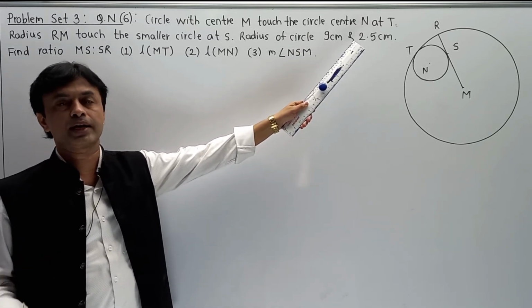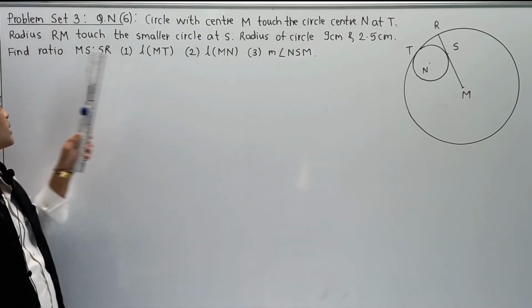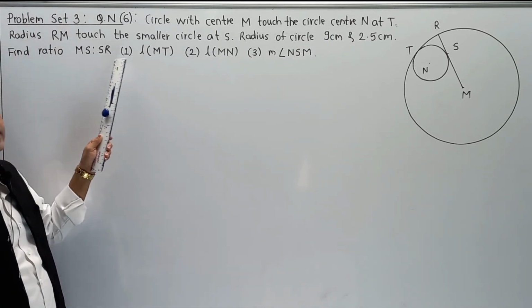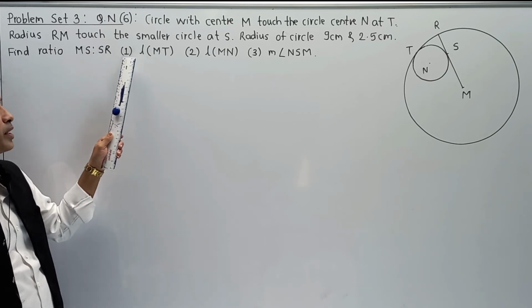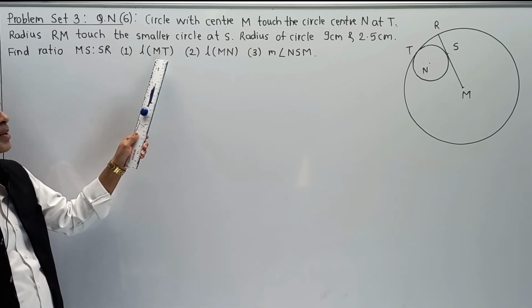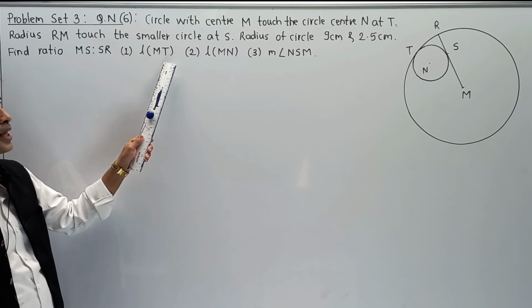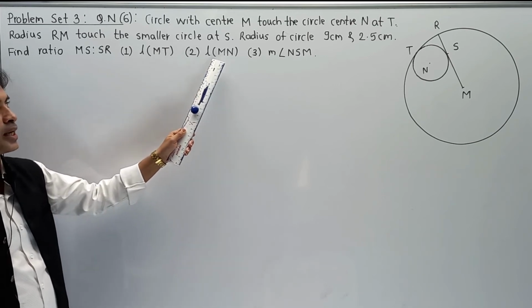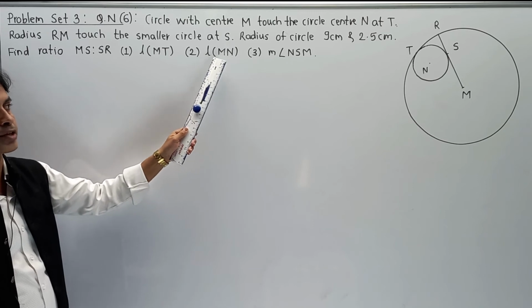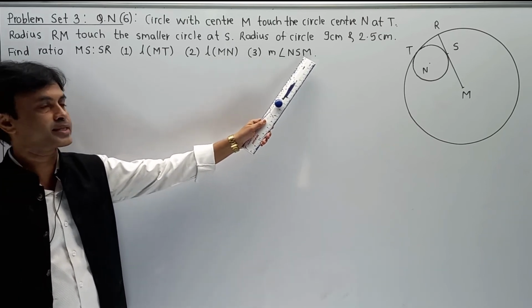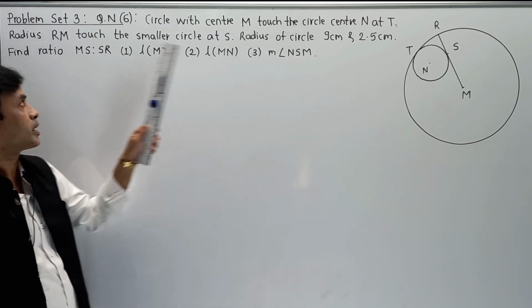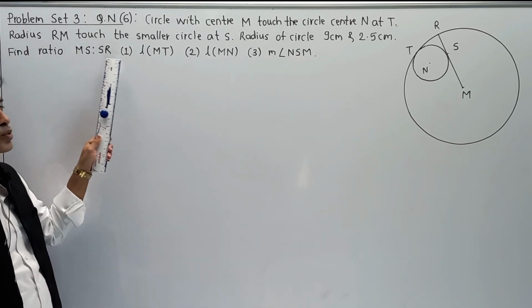Students, I have written the numerical in short. Find the ratio of MS is to SR. Also find, first, the length of segment MT. Second, the length of segment MN. And measure angle NSM. Remember, we are interested to find the ratio of MS is to SR.